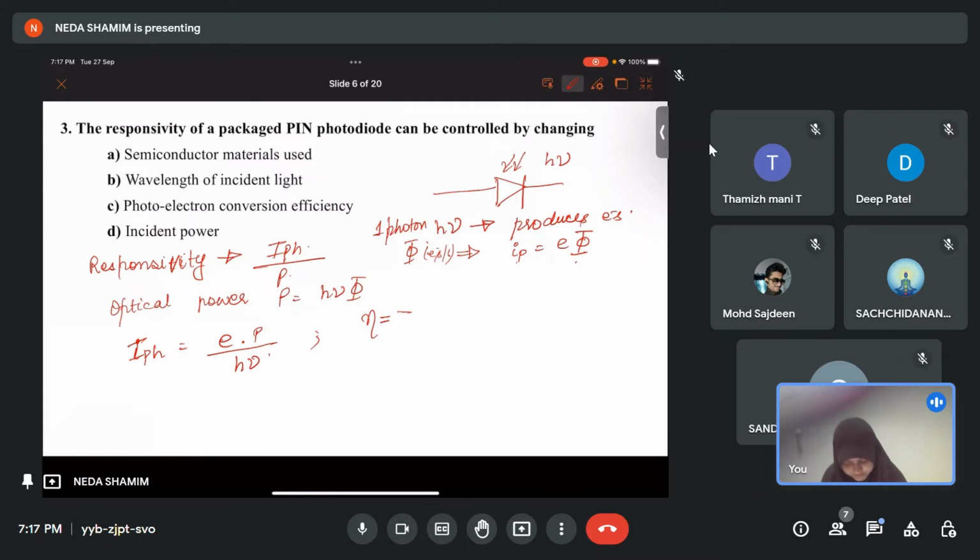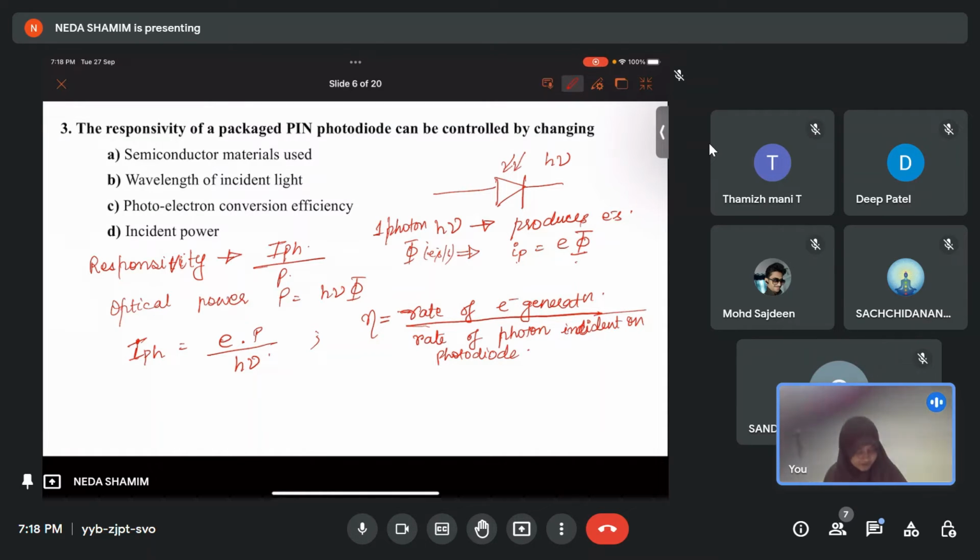So basically quantum efficiency is the rate of electron generation divided by the rate of photon incidence, that is, photons incident on the device, on the photodiode.